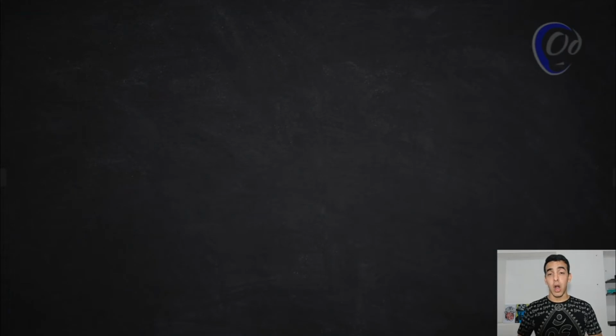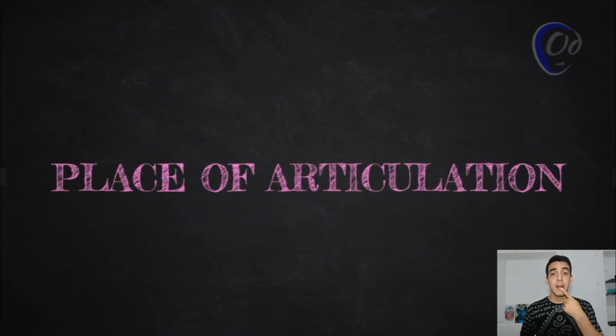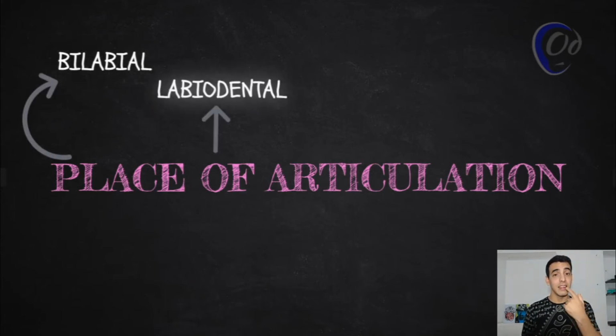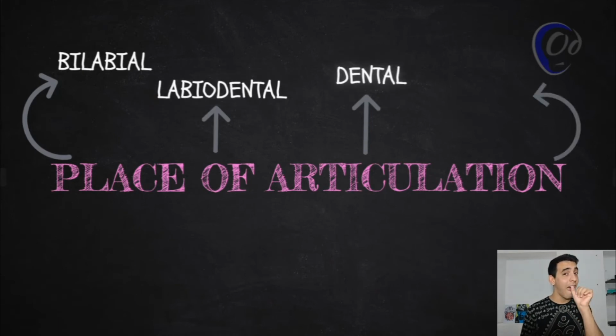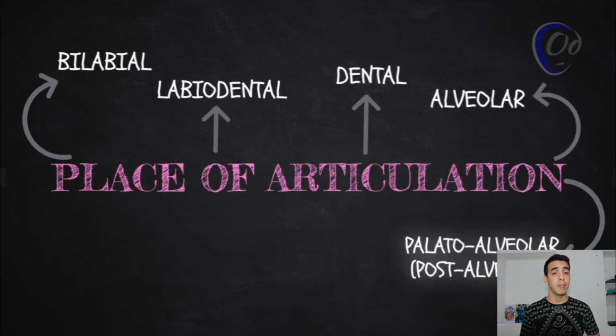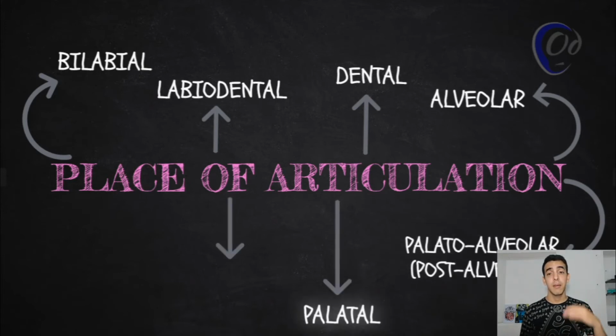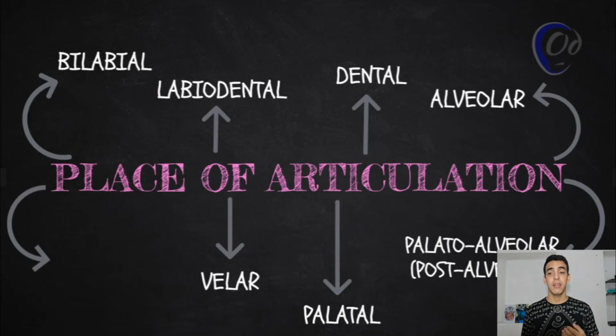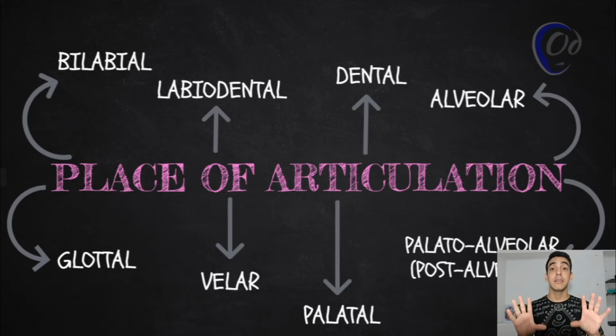These places are the bilabial place, both lips; labiodental, lip and teeth; then the dental place; the alveolar place, the alveolar ridge; the palato-alveolar place; palatal; velar; and then the glottal place. So that is 8 places, and add another one, post-alveolar, because we will study them in order to study English consonants. So these were the places of articulation.